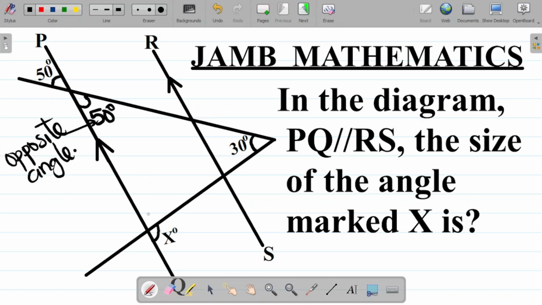Let's say you have this angle here. Let's call this angle y. We have a triangle where the three angles include y, 50 degrees, which is from the opposite angle concept, and then 30 degrees. We know that the sum of angles of a triangle is equal to 180 degrees.